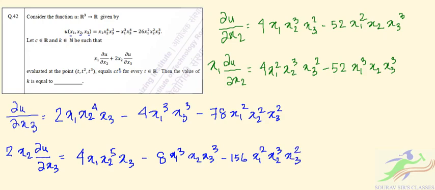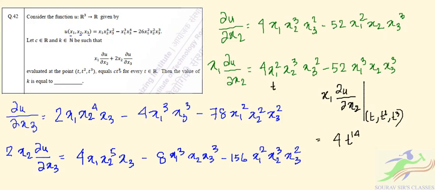Now we have to find this value at the point (t, t square, t cube). If we find the value of x1 del u del x2 at this point and simplify, put x1 as t, x2 as t square, x3 as t cube.